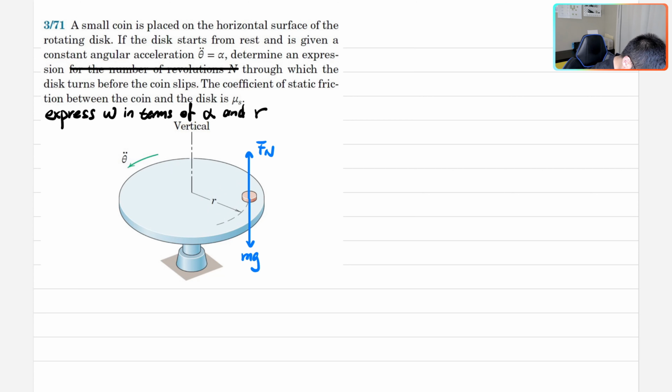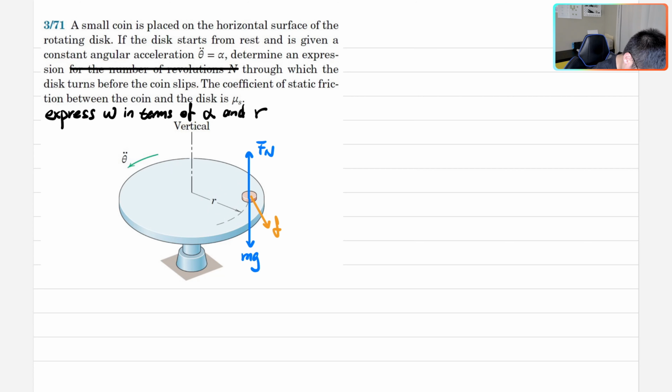Let's say there is a friction that is going this way. Okay, we have a friction. And then this friction is preventing this coin from slipping away.